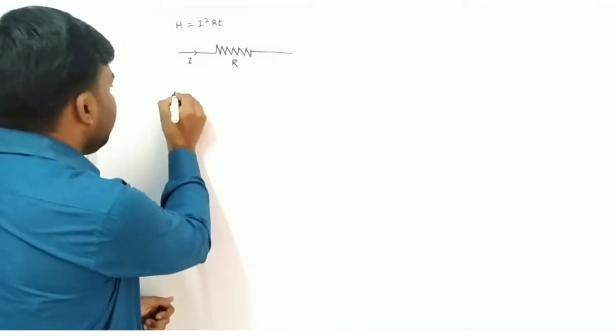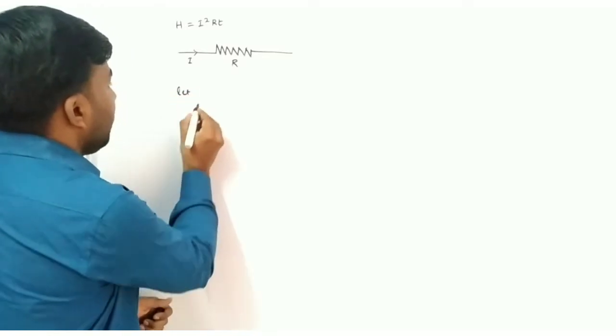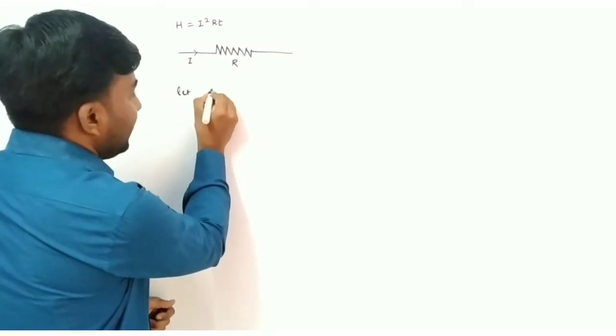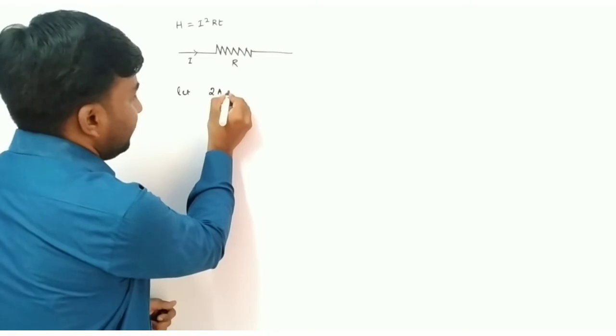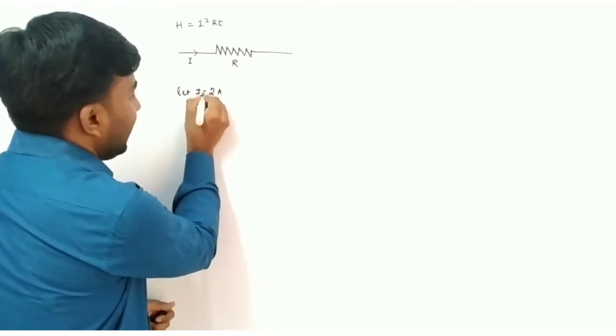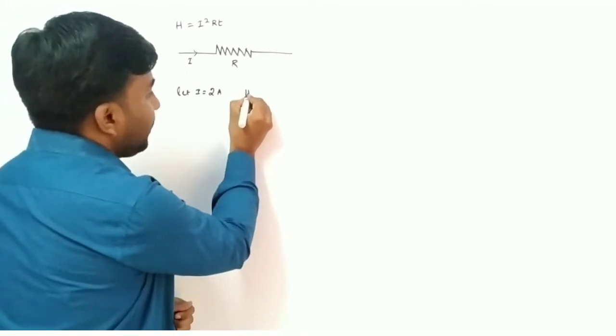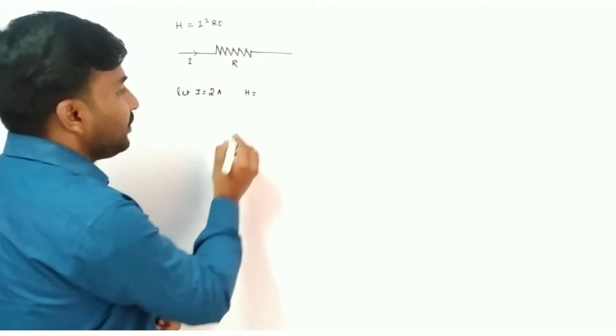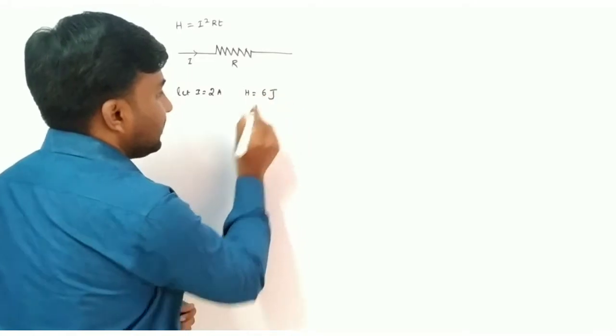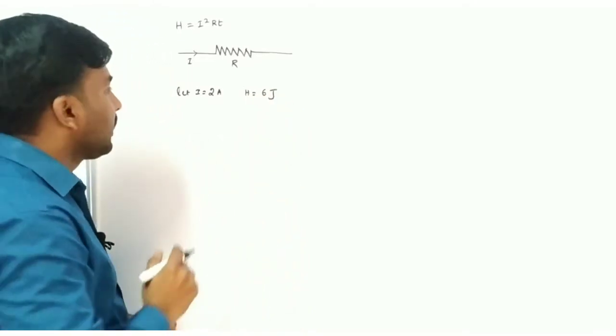Let's suppose we are passing a current of 2 amperes through the conductor, and the heat produced in the conductor is 6 joules, right?